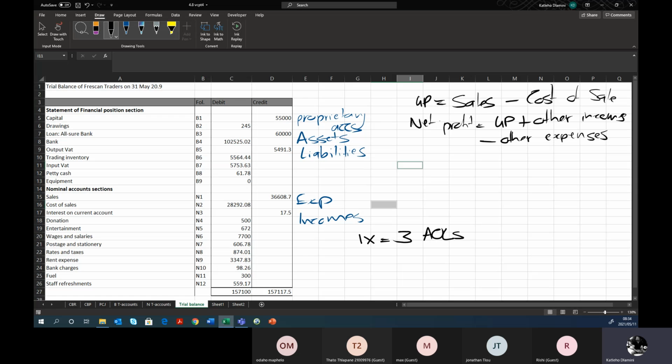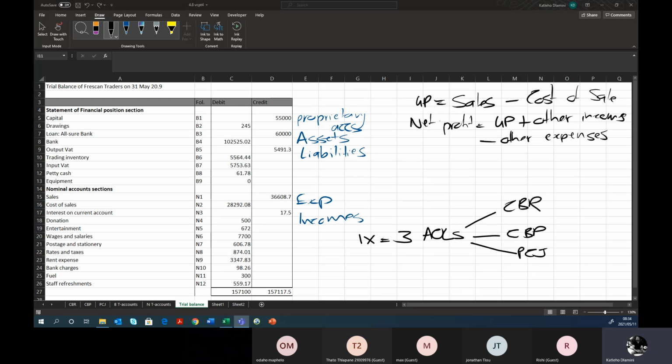I want 1 for your CBR transactions, 1 for your CBP transactions, and 1 for your PCJ transactions. So this is going to take you a while, so I would suggest you get started right now. Here's your AOL.